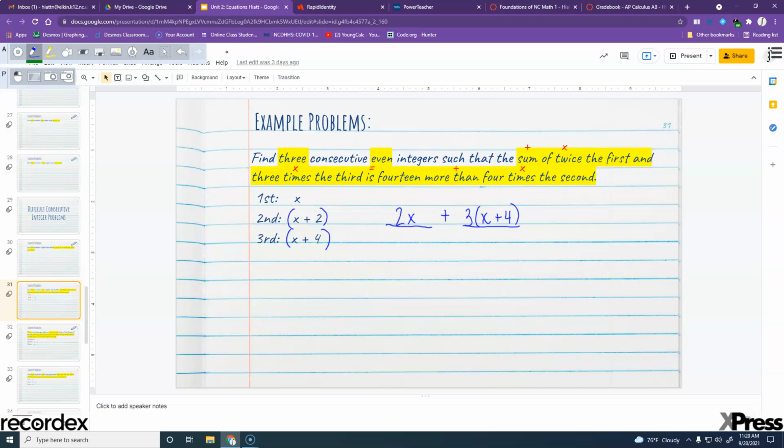Okay? So 3 times the third equals 14 more than, just because I don't want you to get mixed up on the less than, because it matters a lot on less than. I'm going to do this way. 14 more than tells me I need to add 14, but I need to add it over here on the end.